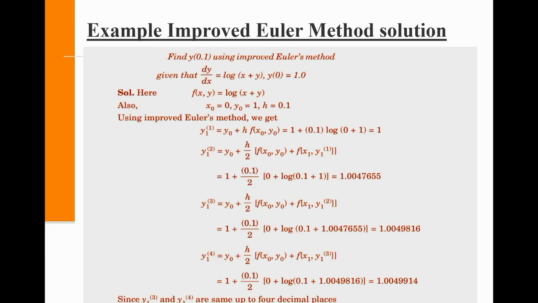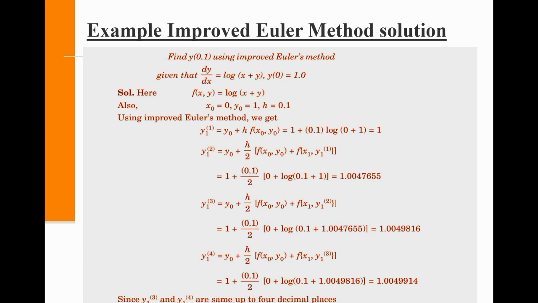Now this is the next example, which we have solved with the improved Euler method. In this example, we have been given the slope log x plus y, and the initial condition x0, y0 equals 1, right? So now what is the improved Euler method?